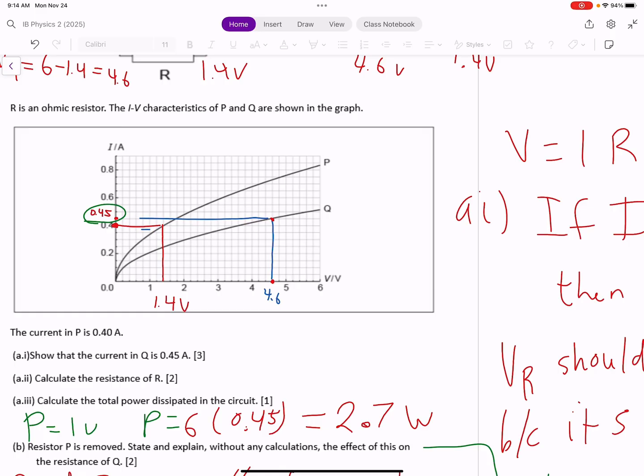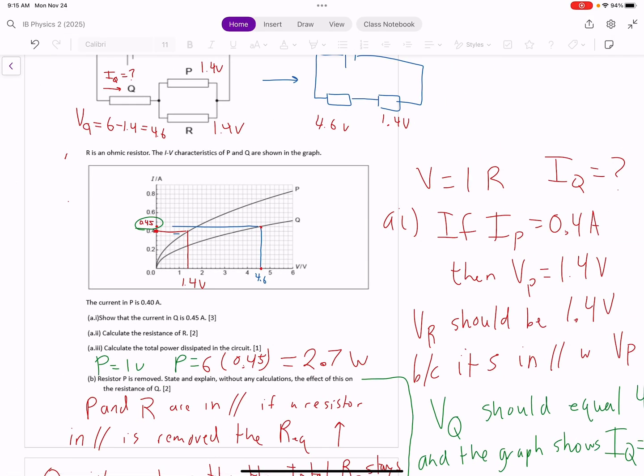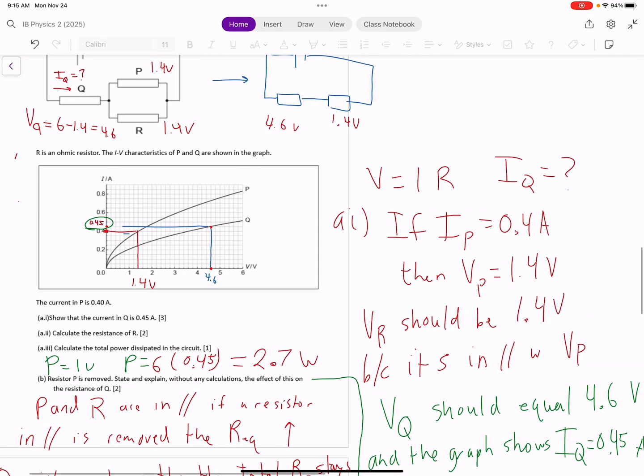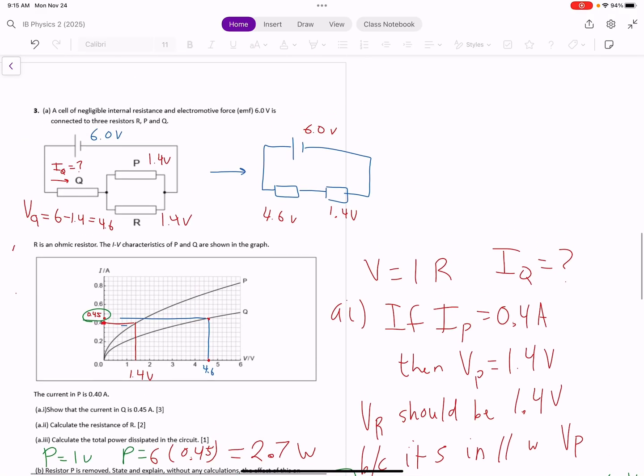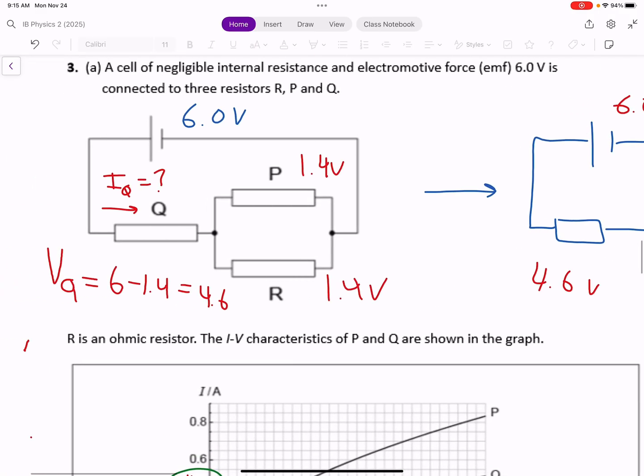I go over to the P curve, go down to 1.4, and I see 1.4 volts. If I know that P is 1.4 volts, I put that in my diagram here. I know that VQ has to be 4.6.